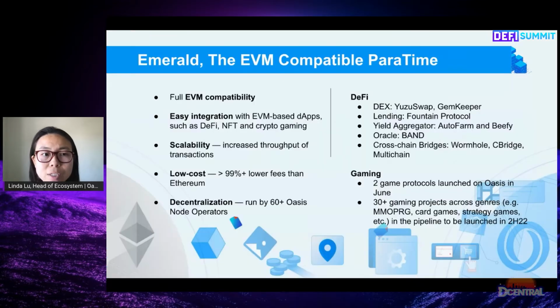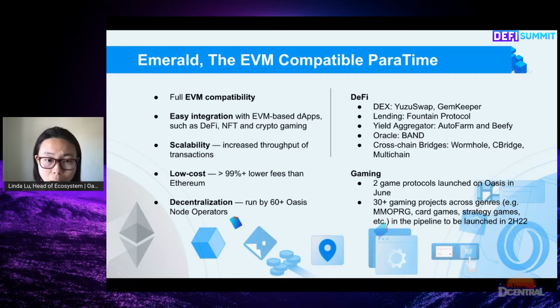So let's talk about Emerald, which is the EVM compatible ParaTime, which is fairly common in the industry right now. You have many layer ones with this EVM compatibility. Our Emerald is fully EVM compatible. It can be easily integrated with other applications that run on other EVM chains.